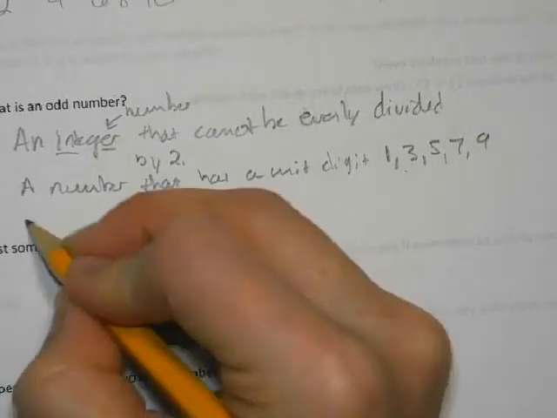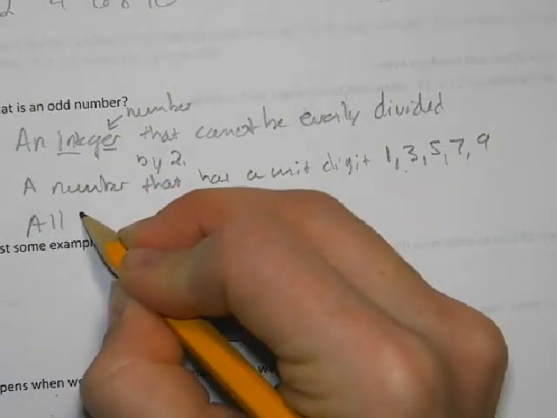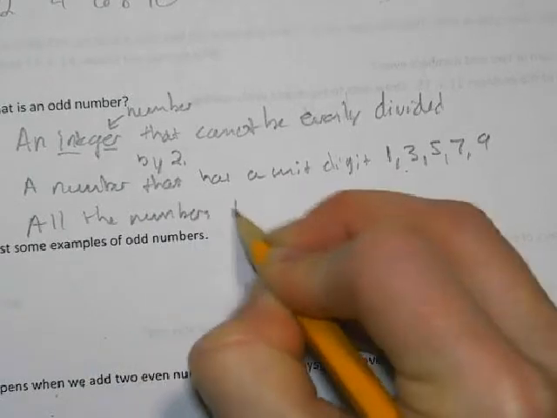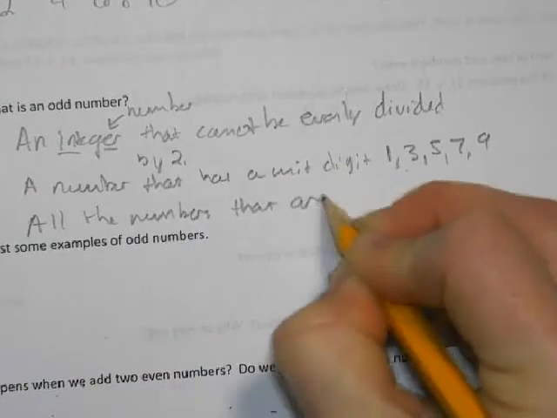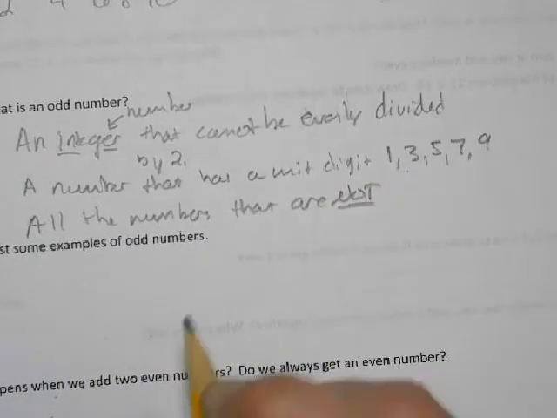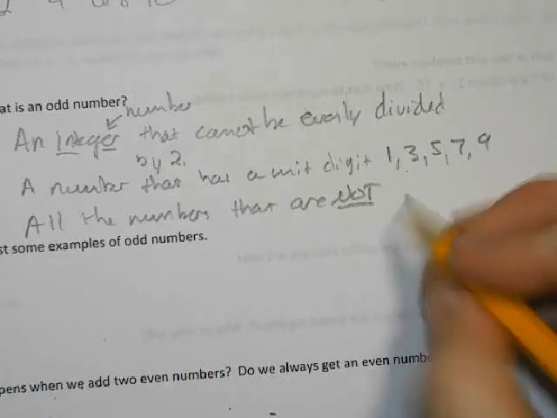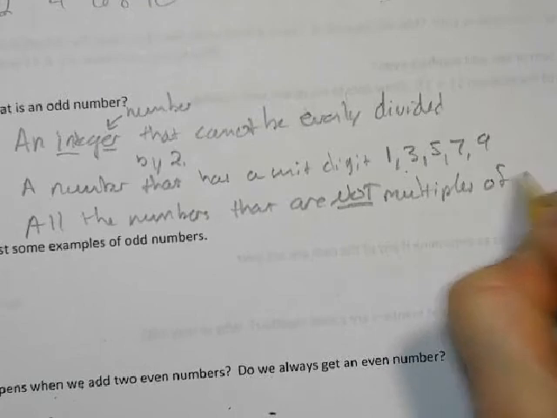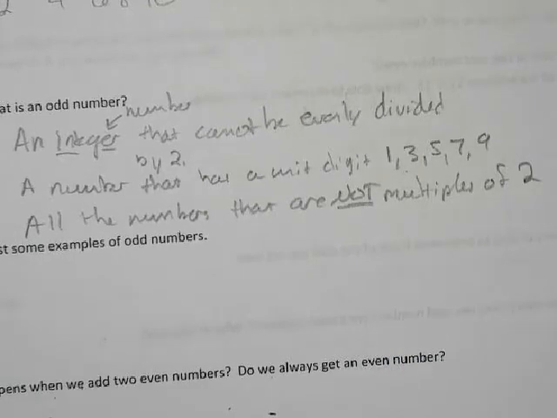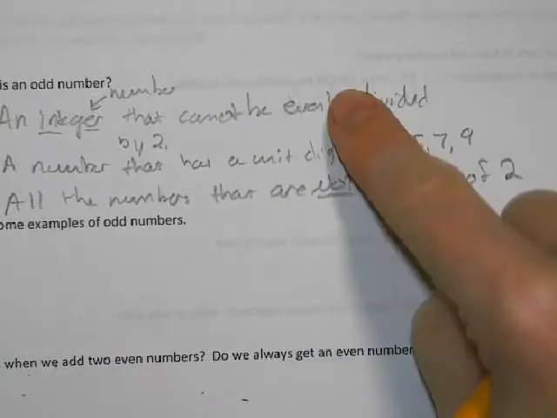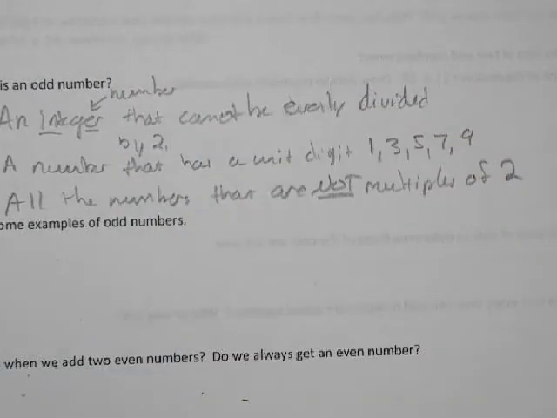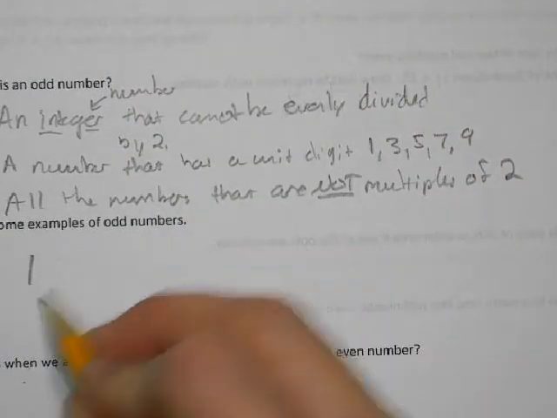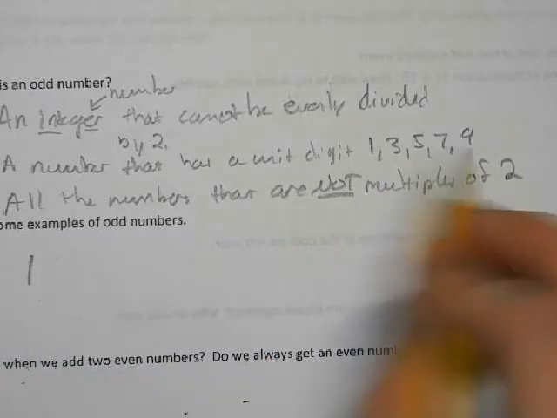And then lastly, it'd be all the numbers that are not multiples of 2. So as you can tell, this is pretty much the opposite of an even number, which is what it should be. Examples of odd numbers, anything that ends in a 1, 3, 5, 7, 9.